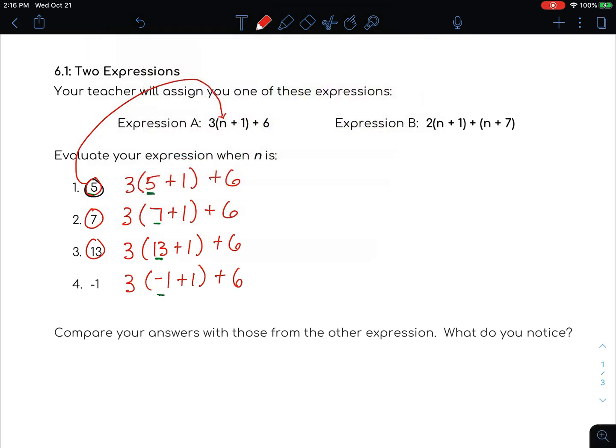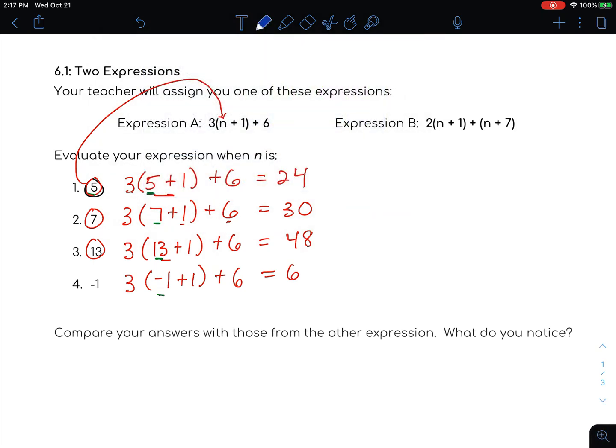So 5 plus 1 is 6. 3 times 6 is 18. 18 plus 6 would be 24. 7 plus 1 is 8. 3 times 8 is 24. 24 plus the 6 will be 30. 13 plus 1 is 14. 3 times 14 is 42. 42 plus 6 is 48. And last one, -1 plus 1 is 0. 3 times 0 is 0. And then 0 plus 6 is 6.